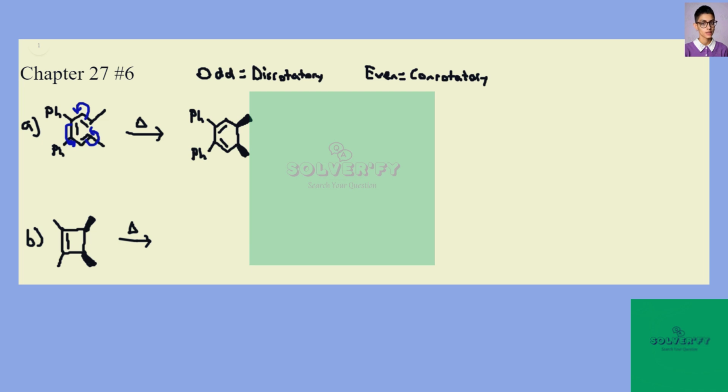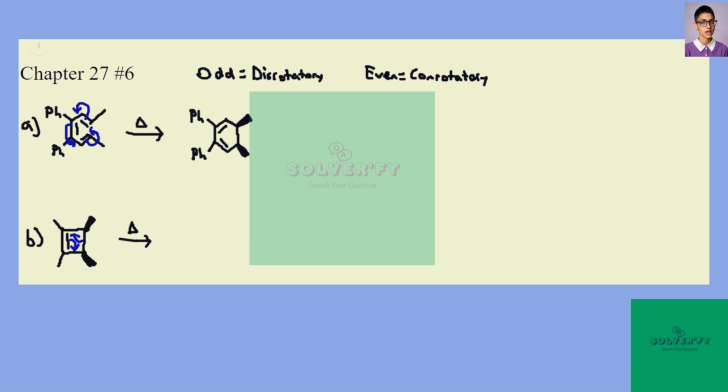Now, in our second problem here for B, our starting material actually is not a polyene. It's just an alkene. There's only one double bond. So we need to think about this in terms of the product. What's going to happen here when this is exposed to some heat is this double bond will move and this single bond will break.